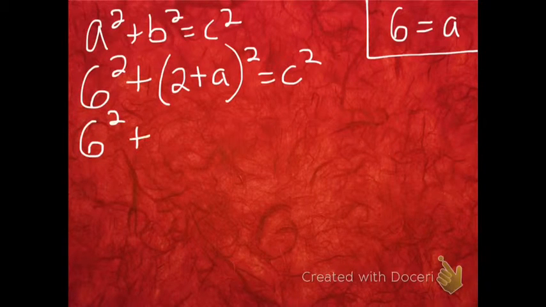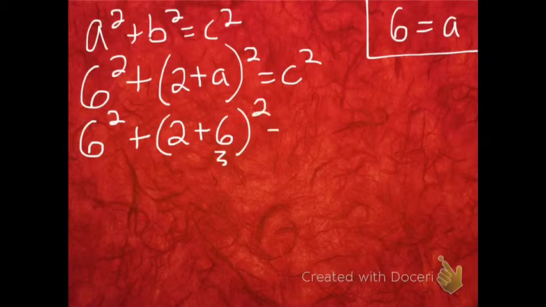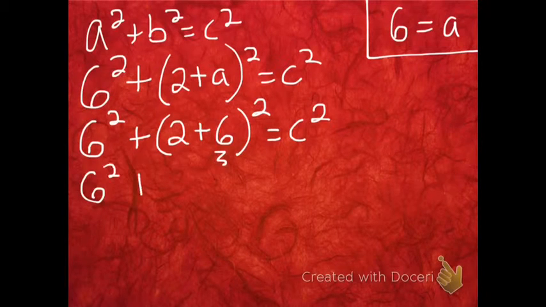Then, you must add in the next step. Since a was already in the previous equation, we know that it now becomes 6 squared plus 2 plus 6 squared equals c squared. Then, the next step means simplifying.